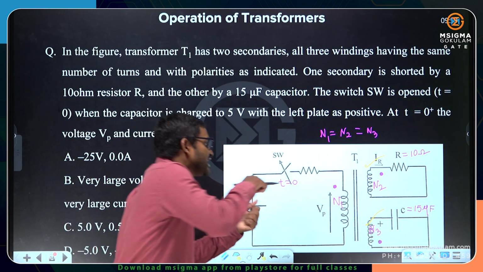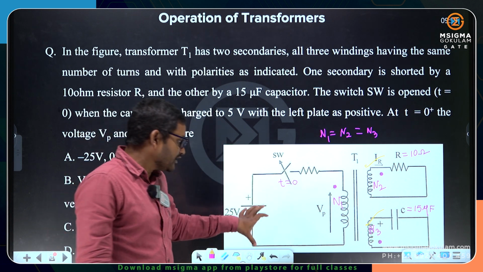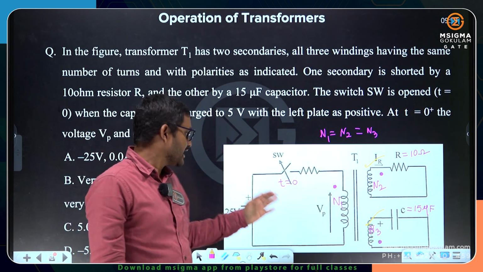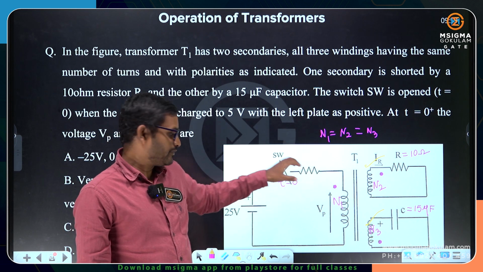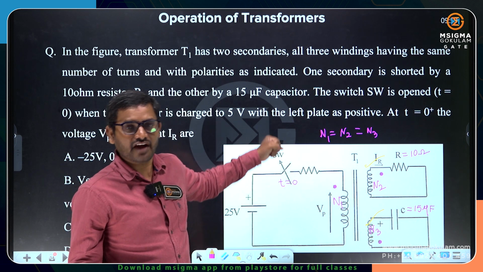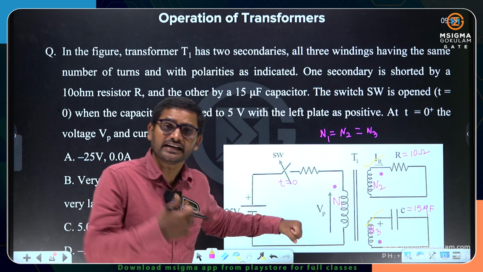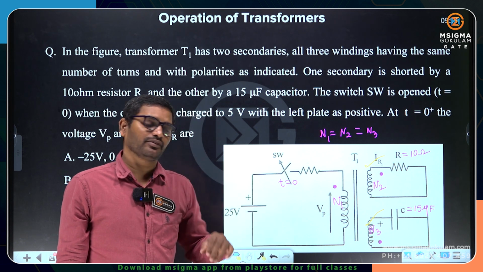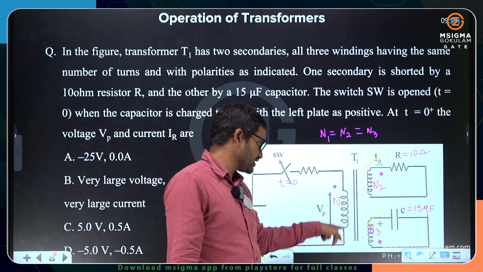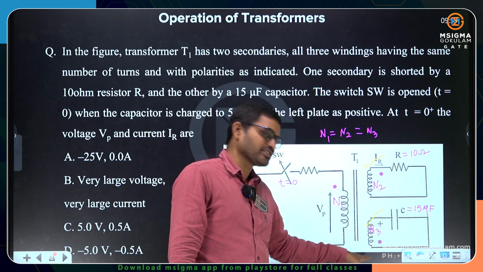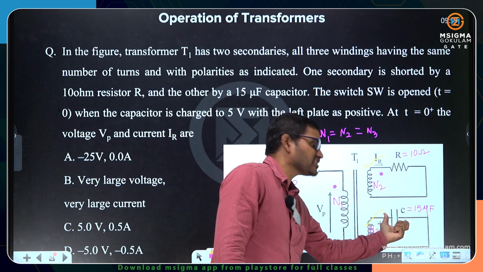25 volts is suddenly connected across the winding. If 25 volts is suddenly connected, there is a change in current: before connecting the 25 volts, 0 current; after connecting the source, the current changes from 0 to some value. As the current changes, flux changes, and EMF is induced here, here and here. Because of this EMF, the capacitor is going to be charged.